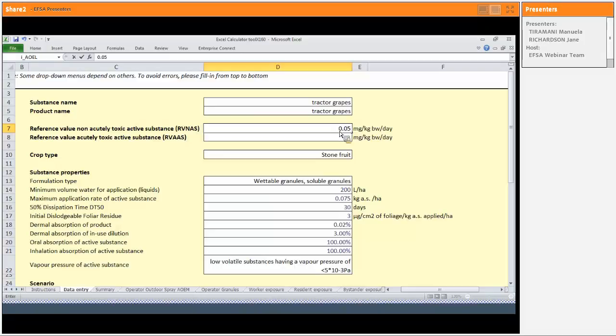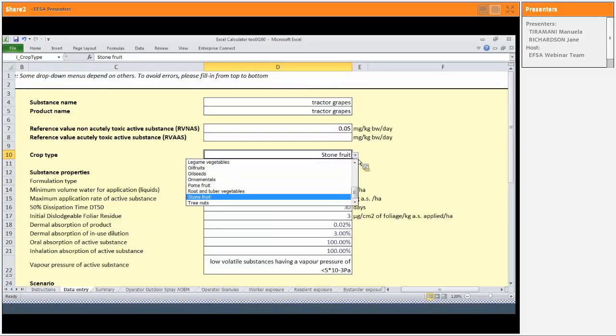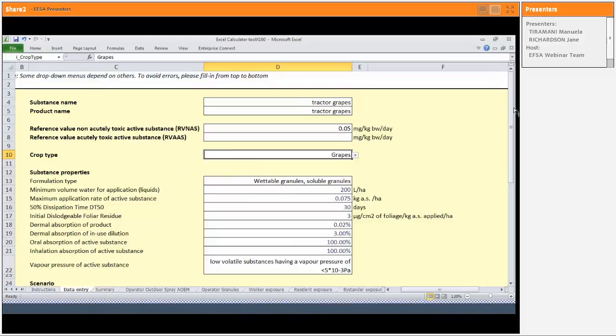These are examples taken on what we consider to be a reasonably realistic scenario from previous assessment. And we're going to switch to grapes now. So we select grapes from the drop-down list. And in this case, we're going to use a soluble concentrate formulation.